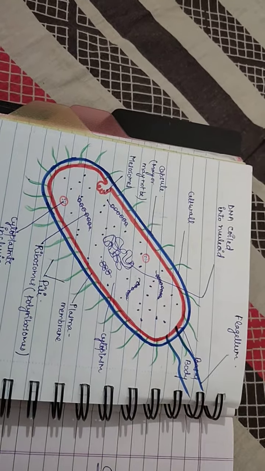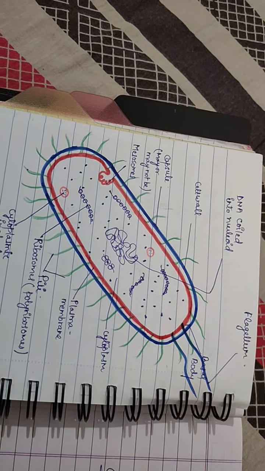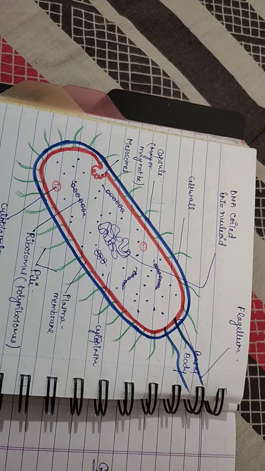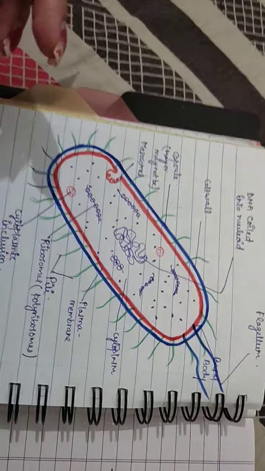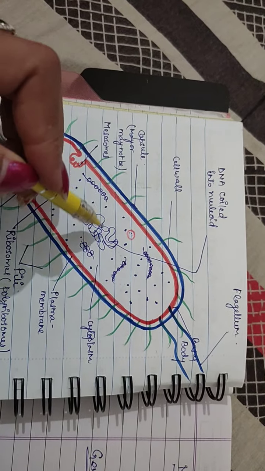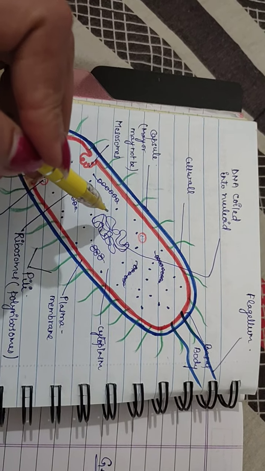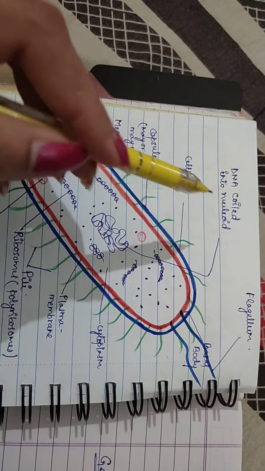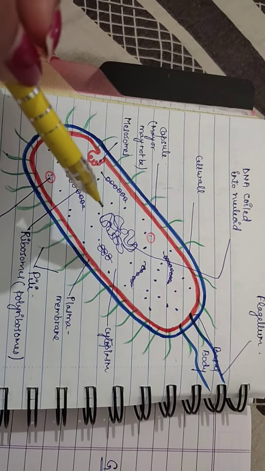Then there is plasma membrane. Then you can see there are no cell organelles present in them, but there is some coiled structure which is the DNA, and it is coiled in the form of nucleoid. There is no structure which is called a nucleus.